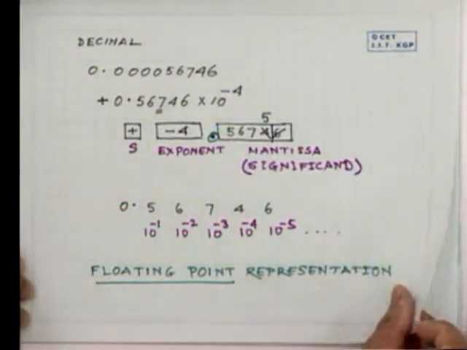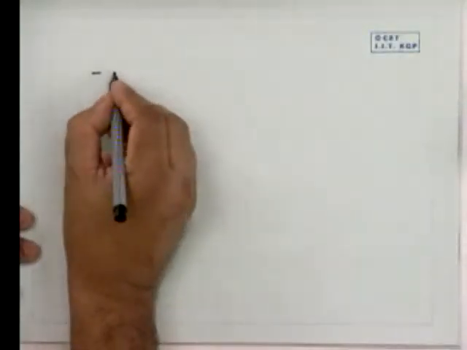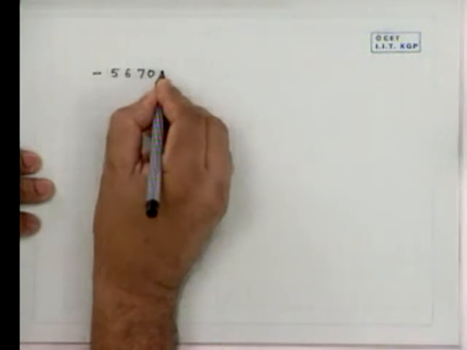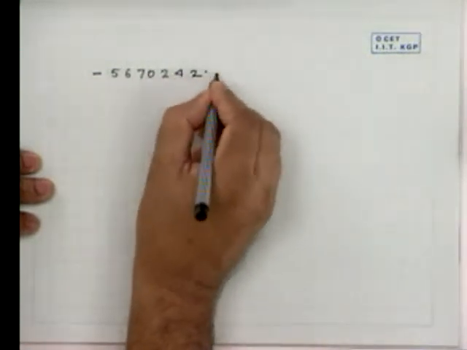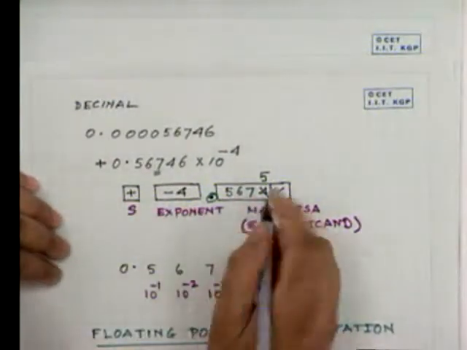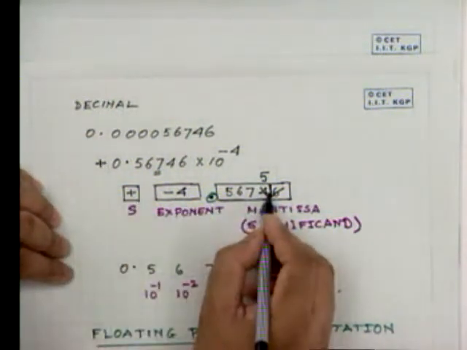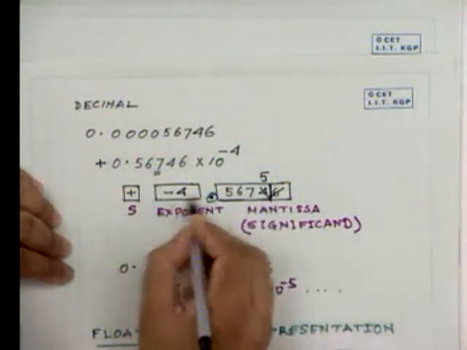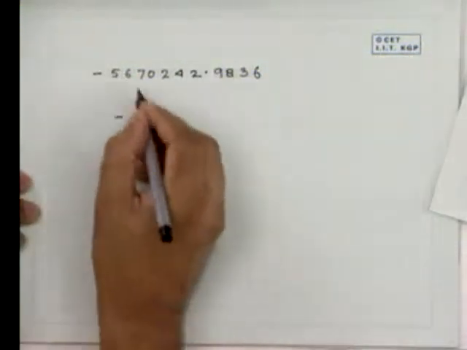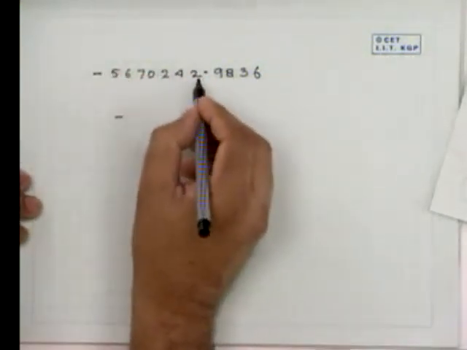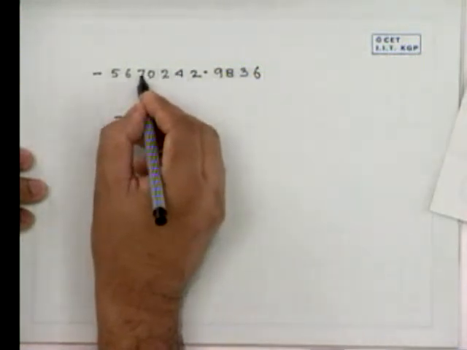Similarly, if we take a negative number, say minus 5670242.9836, and these are the positions for accommodating the real number as a floating point number, naturally we will have to represent this as minus, then the decimal point is shifted from here to here by 7 positions.